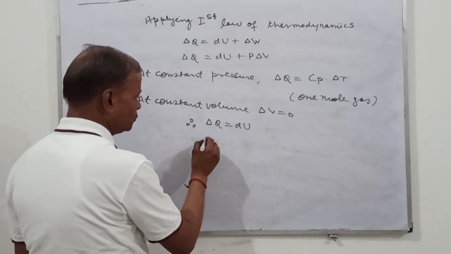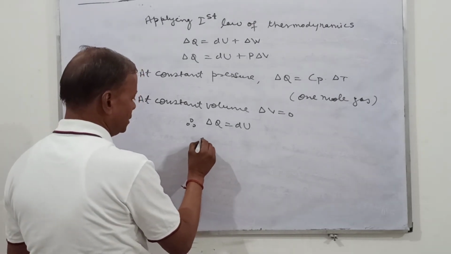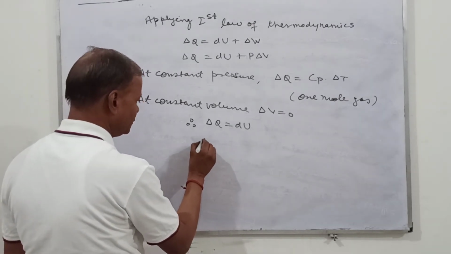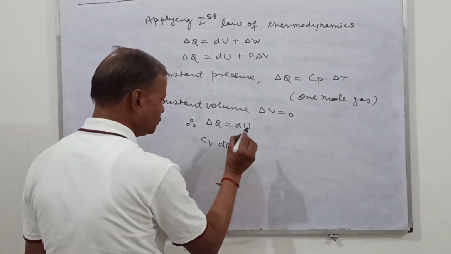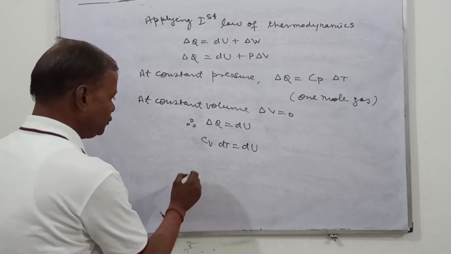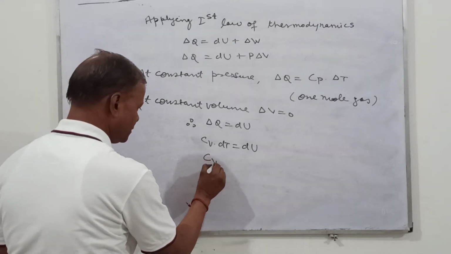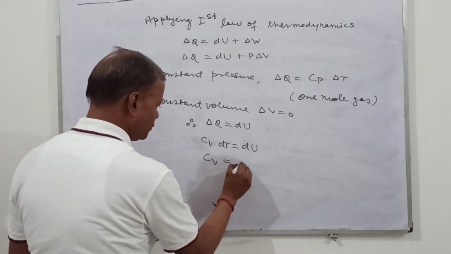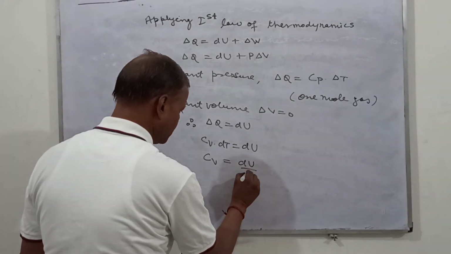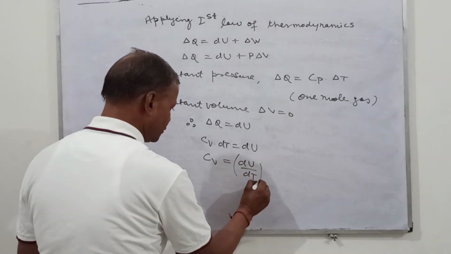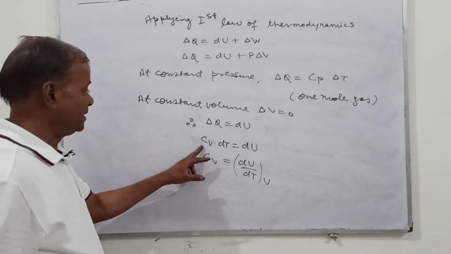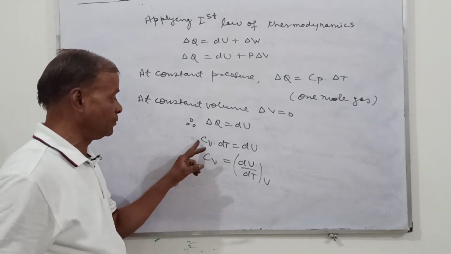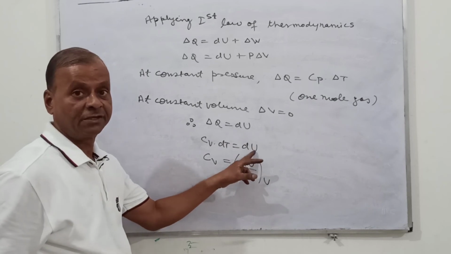So Cv dT is equal to dU. So Cv is equal to dU upon dT at constant volume. That means this specific heat at constant volume is the measurement of internal energy.